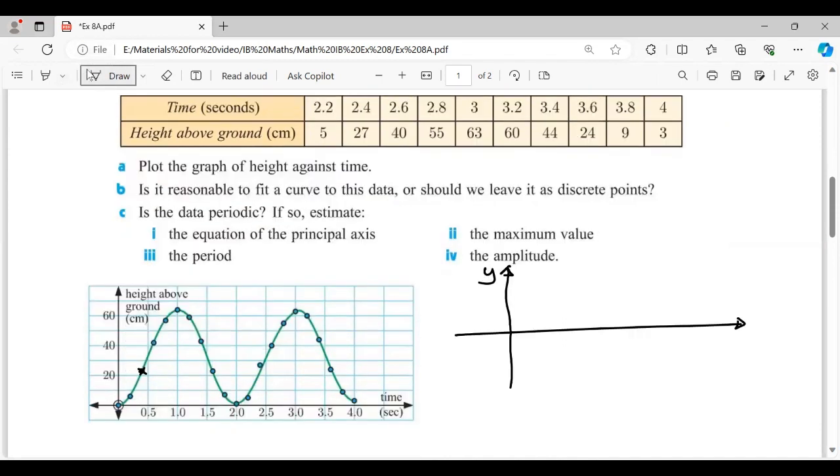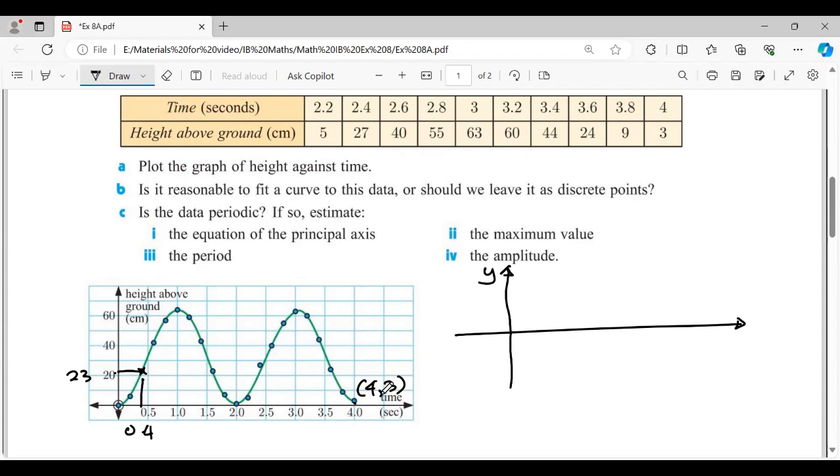Wait, I'm going to scroll down. Okay, this is 0.4, and this is 23. And so on until 4 and 3.